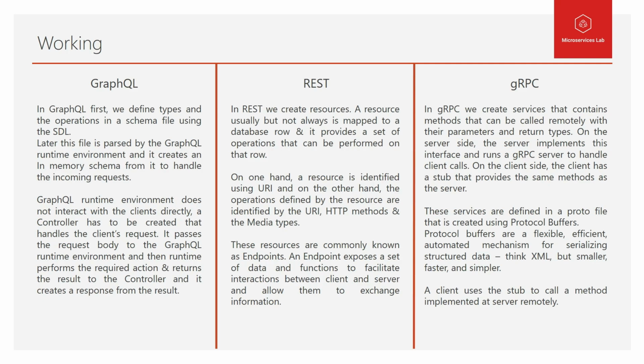So on one hand, a resource is identified using a URI, and on the other hand, the operations defined by the resource are identified by the URI, HTTP methods, and the media types. These resources are commonly known as endpoints, and an endpoint exposes a set of data and functions to facilitate interaction between the client and the server and allow them to exchange information.